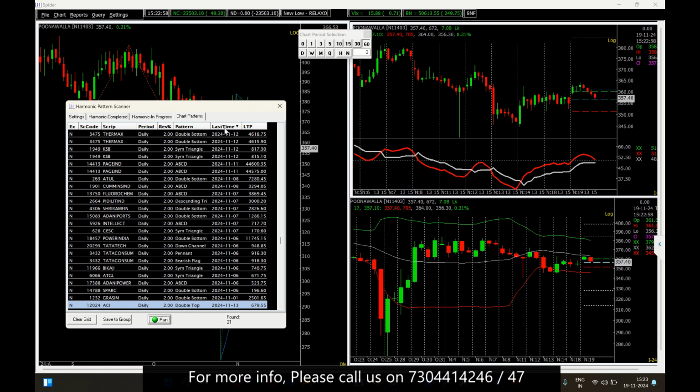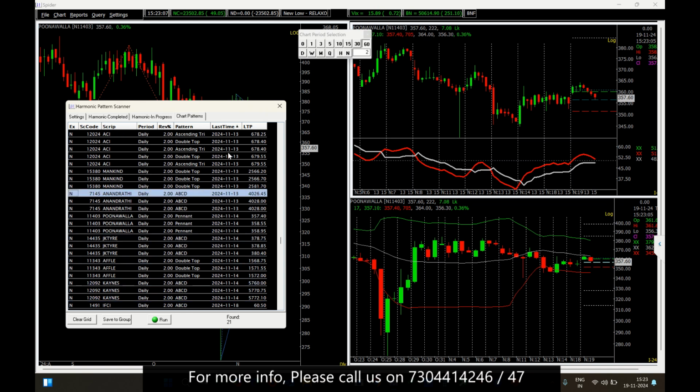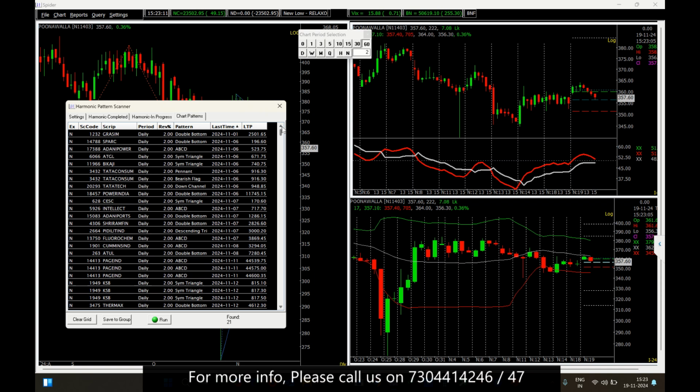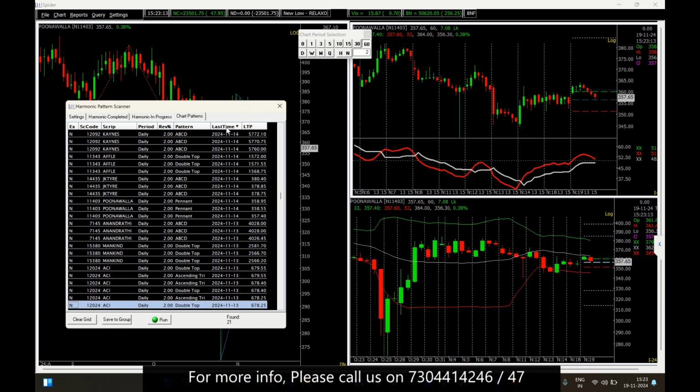Now, in order to make it simple and clear, I have been sorting the dates from ascending to descending order. For example, here I kept the latest date in descending order.